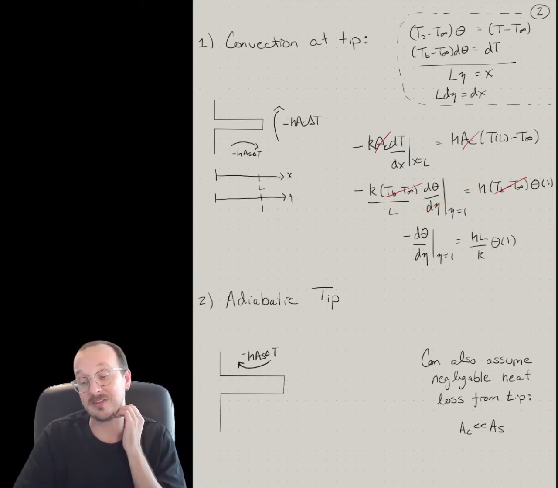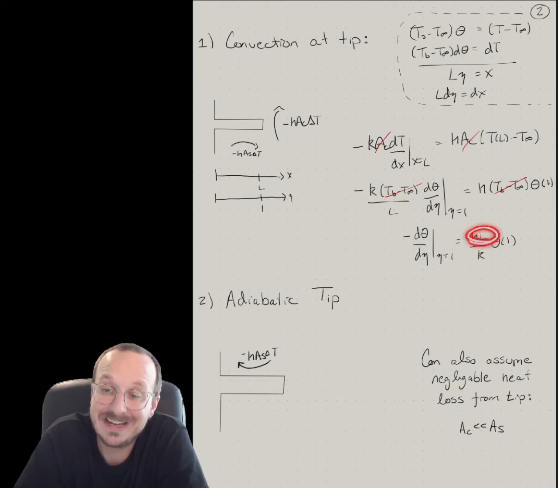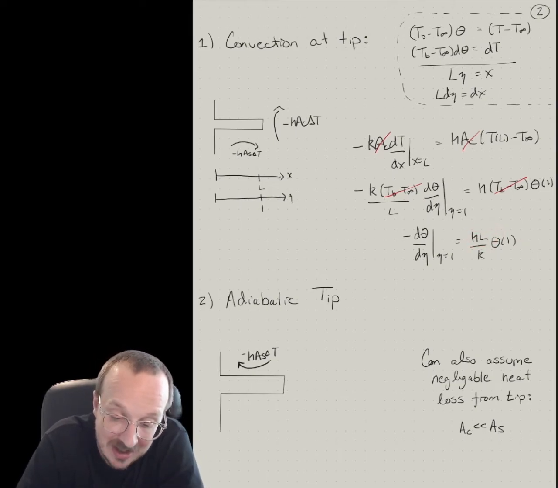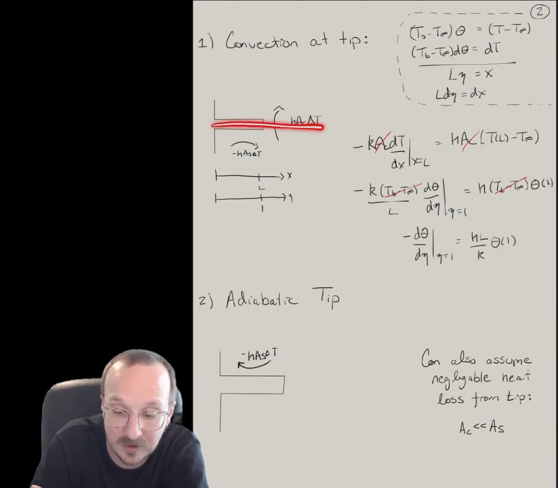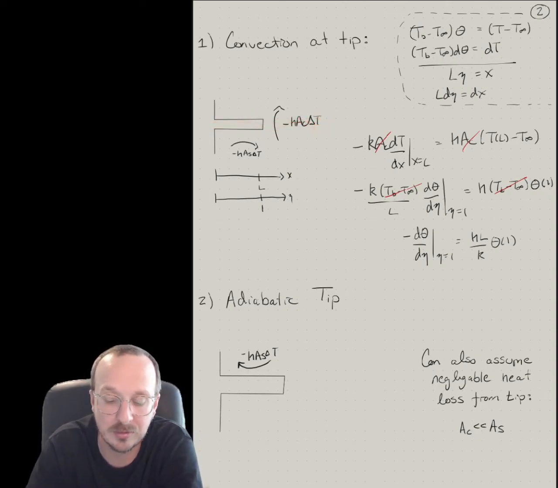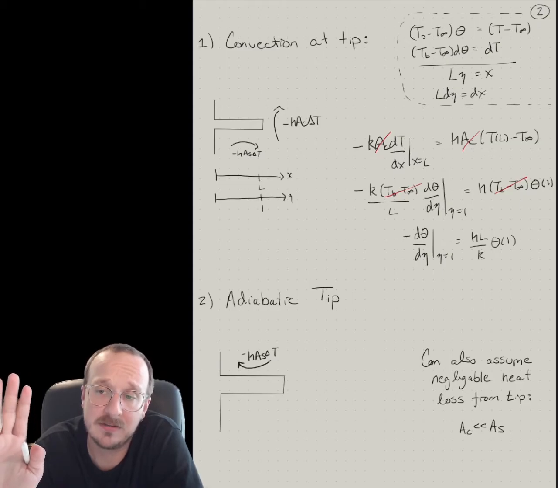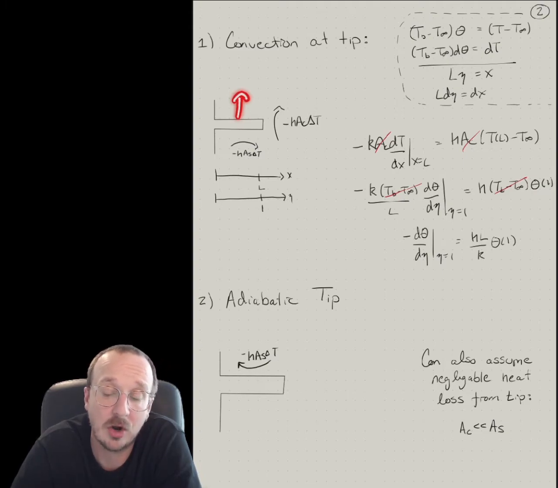And this is really interesting. This is our Biot number, and this is a ratio of convection at this spot. So this is along what length compared to the length scale? This is along the length of the fin. So if you're talking about heat transfer along the length of the fin, it's the ratio of conduction to convection along the length. A little tricky with fins. It's not like a plain wall where you can easily look at your Biot number, because we also have heat losses that are on a different length scale.